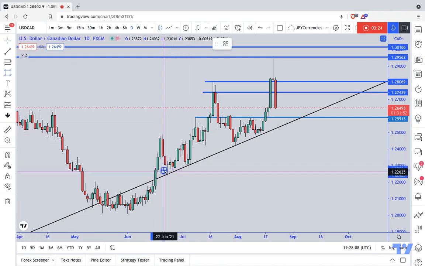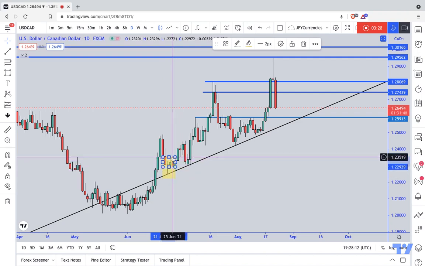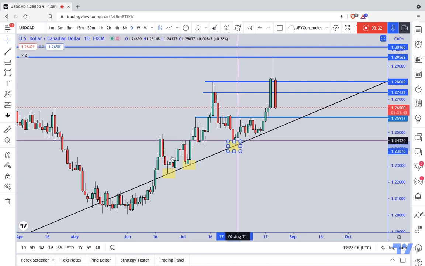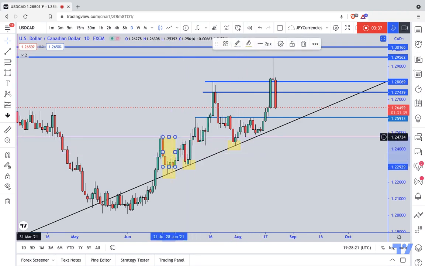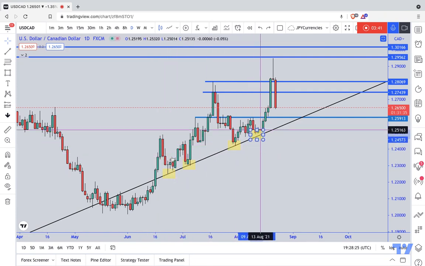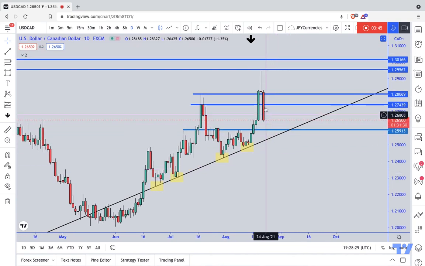How many touches on this trend line? One, we have two, we have three, and our fourth touch here. So this is a very valid trend line.